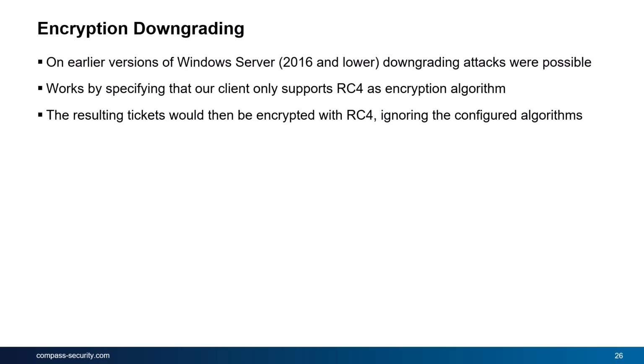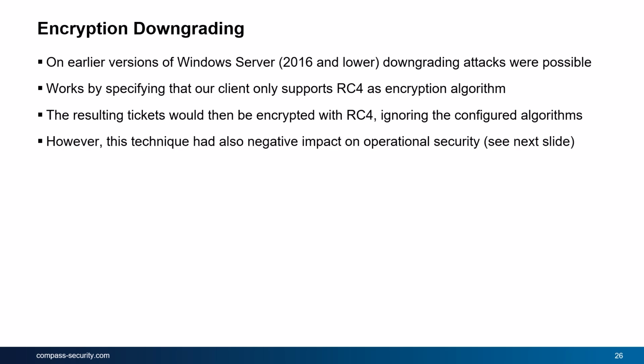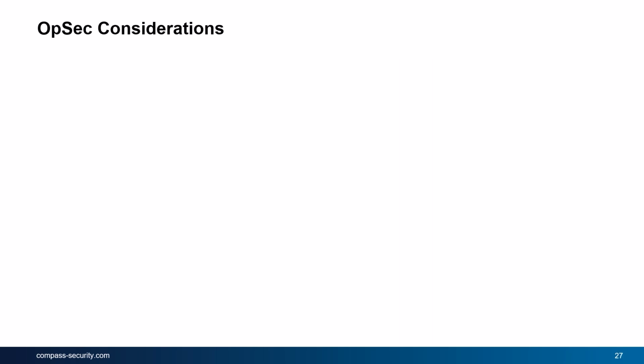However, this has since been fixed. And one more thing to keep in mind from the attacker's perspective is that this technique to specifically request RC4 tickets also has a negative impact on operational security. It makes you easier to detect. And we have some more information on that on the next slide.